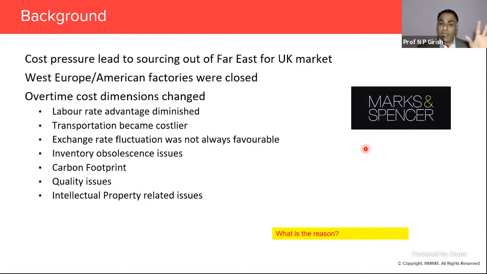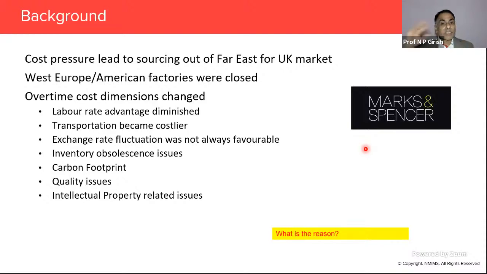They were originally producing in US and European markets. They closed those outlets in the main subcontinent and moved over to China, because that made sense for them at that point in time.